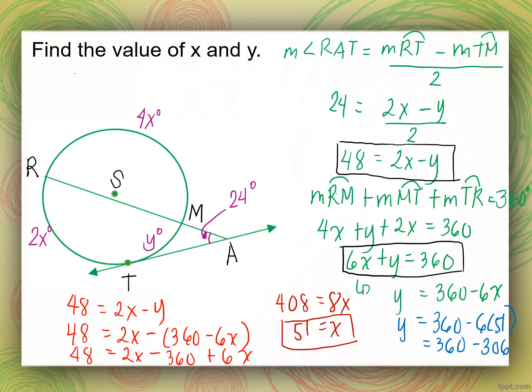So subtracting it from 360, your y is equal to 54. So our x is 51 and our y is 54.